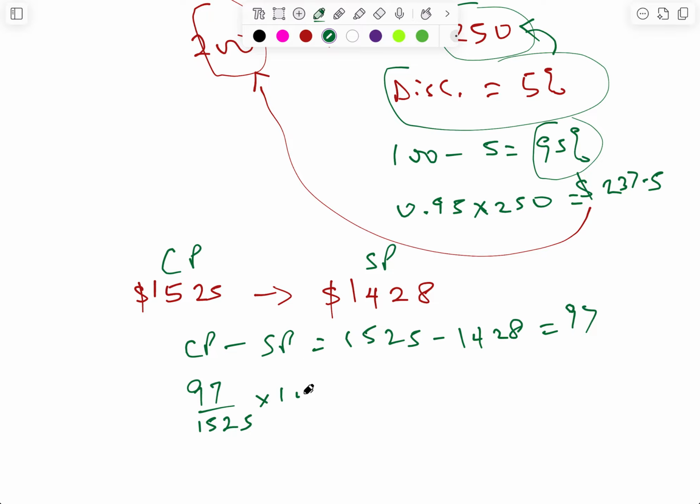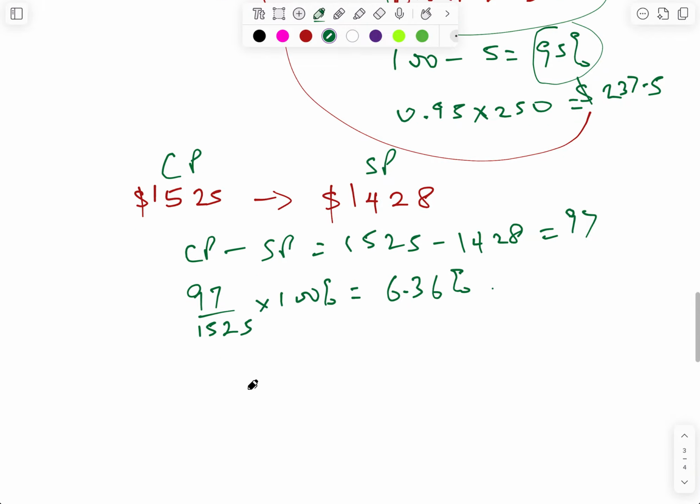So times 100%. That is 97 divided by 1525 times 100. When you press all of that on your calculator, you're going to get 6.36%. So this person sold at a loss of 6.36%. Now, take note, we always reference cost price. It's not about the bigger number.